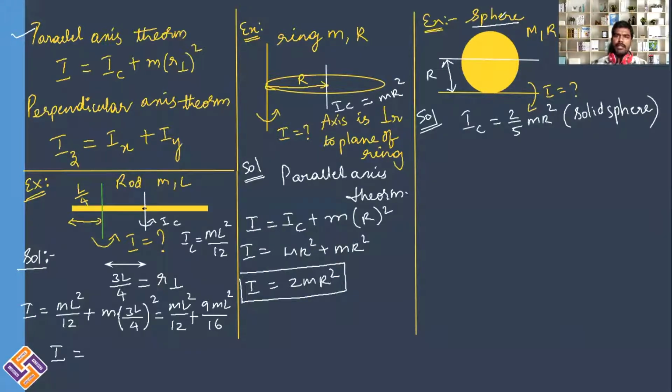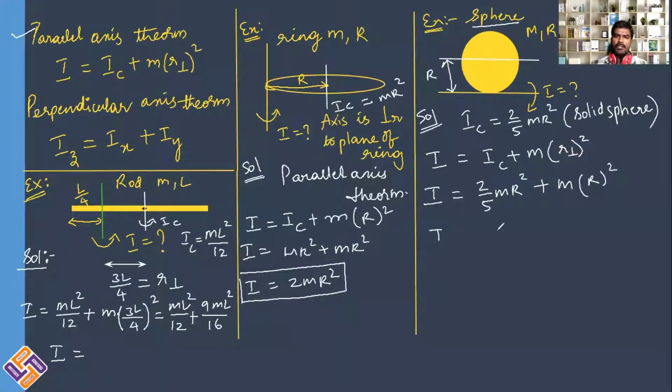As it is a solid sphere, its moment of inertia can be calculated using the parallel axis theorem. I will be equal to IC plus the mass of the sphere times the perpendicular distance between the two axes whole square. So the moment of inertia I will be equal to 2 by 5 MR square plus mass m times r whole square.